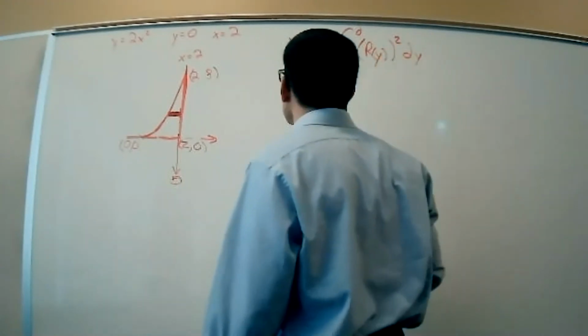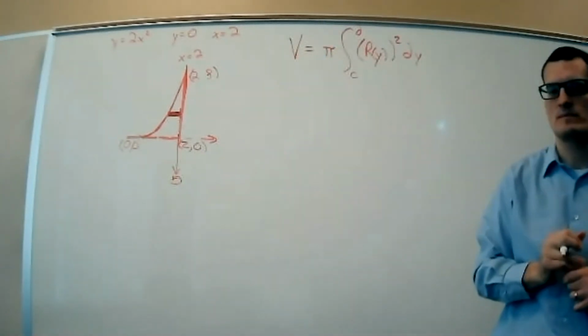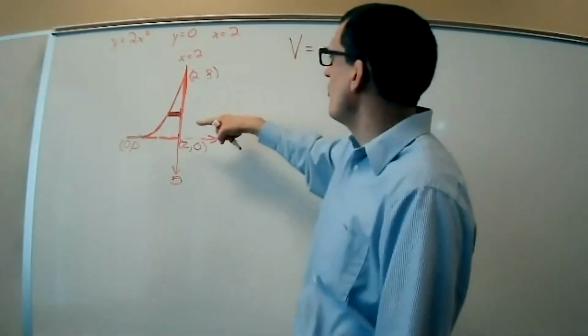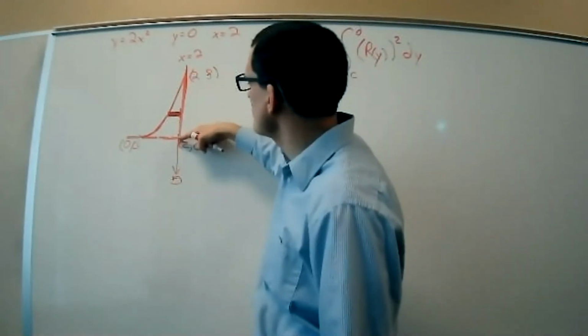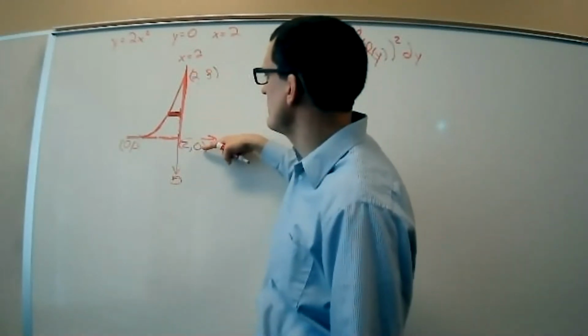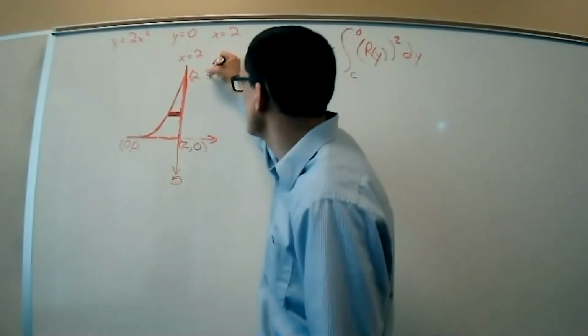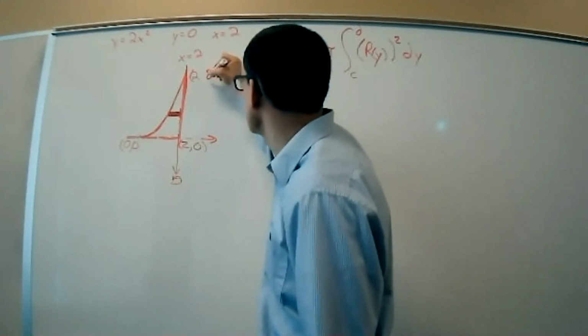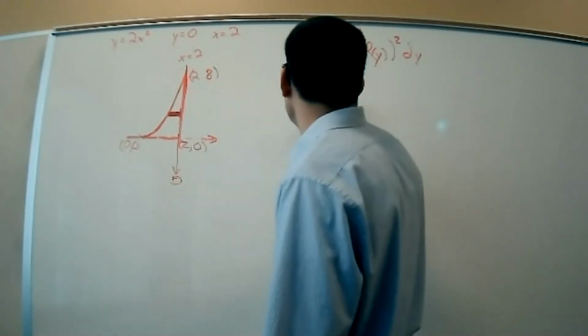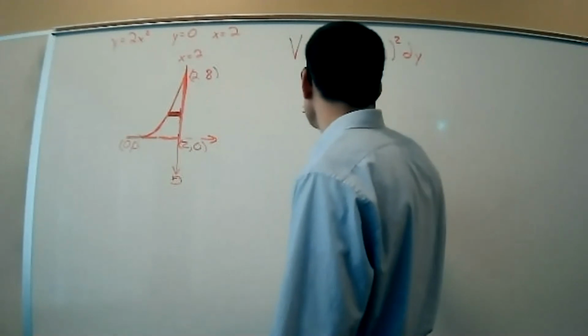All right. Now, bounds on y, lowest y value we're going to be dealing with is 0. Highest y value we're going to be dealing with is 8. So the bounds on y are going to be from 0 to 8.